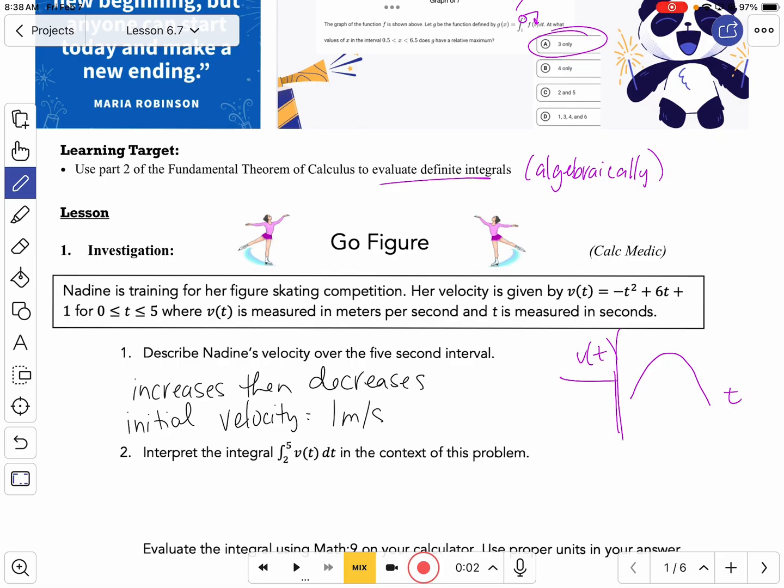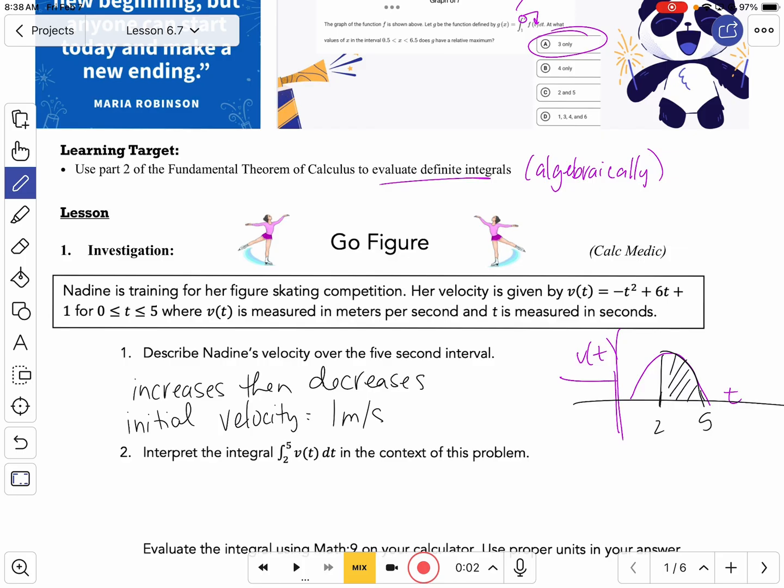Okay, so then it asks you to interpret the integral from 2 to 5 of the velocity in the context of this problem. So if we're thinking about that, let's put our axis right there. If we're going from 2 to 5, what's that integral going to tell me? Yeah, that distance that she traveled, the meters she accumulated.